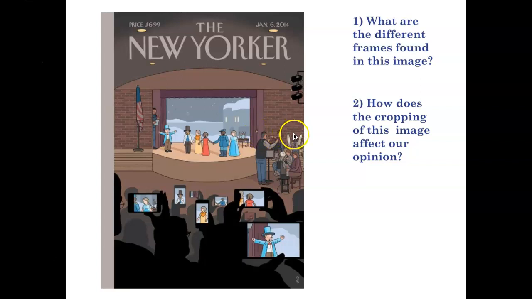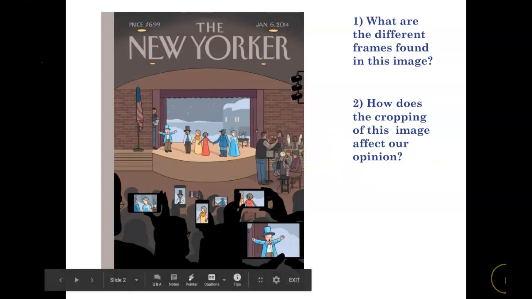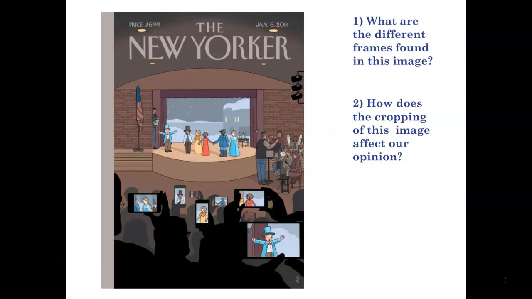And there's this little group off to the side, but you can't see beyond them, right? So all of this has been cropped to affect your opinion, right? The illustrator decided that they would show this particular part of the image.